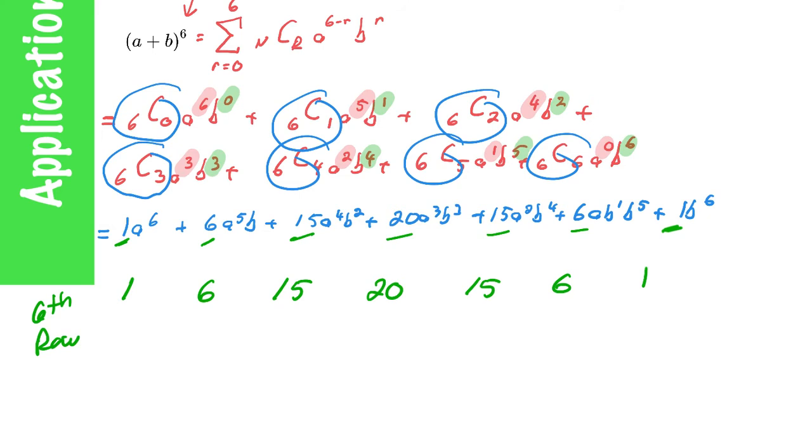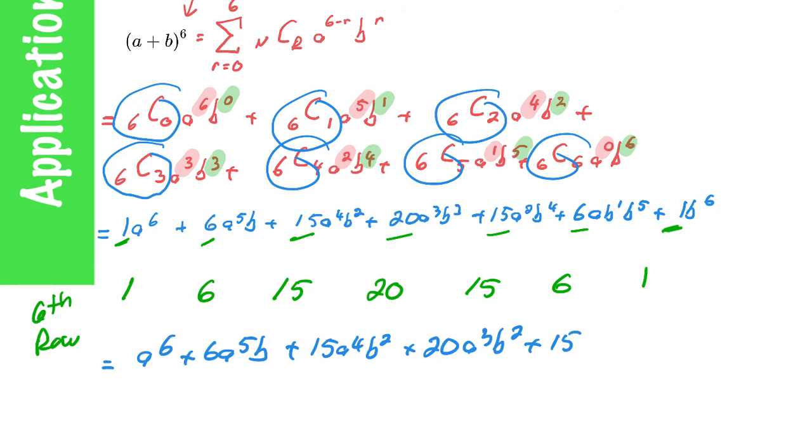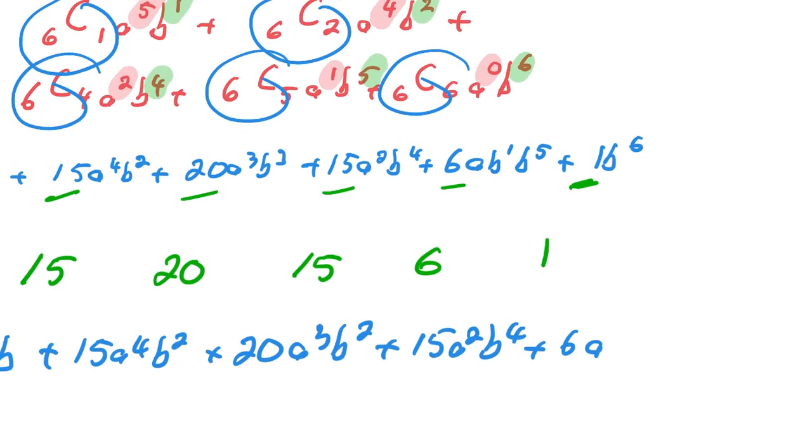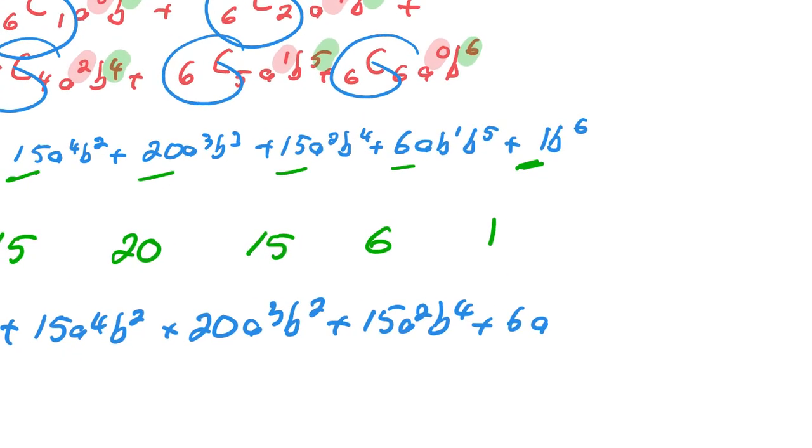And now to tidy it up perfectly, this would become a to the 6th plus 6 a to the 5, b plus 15 a to the 4, b squared, and so on, down to 15 a squared, b to the 4th, and now 6 a to the 1, b to the 5 plus b to the 6th.